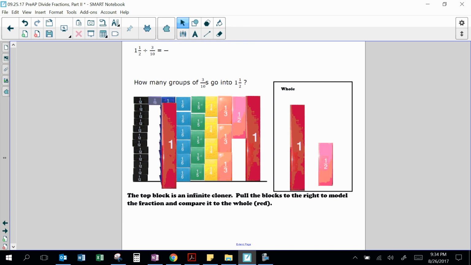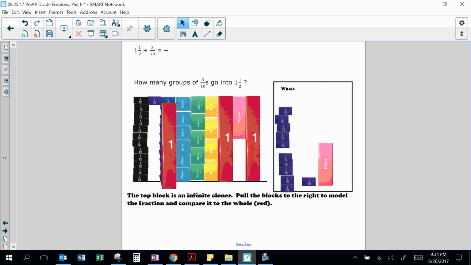I am just going to do it by hand. So I'm going to exchange this 1 whole with tenths. So 10/10 is equal to 1 whole. Do you remember that when we were learning how to add and subtract with regrouping? And then exchange 1/2, which is equivalent to 5/10.